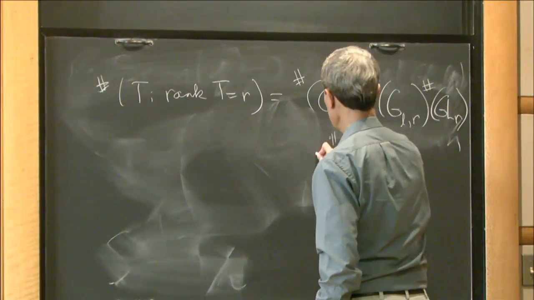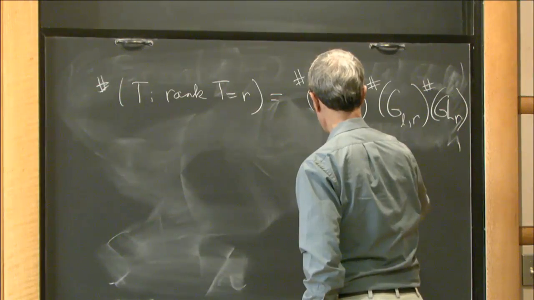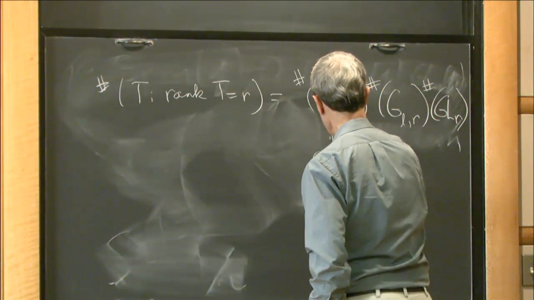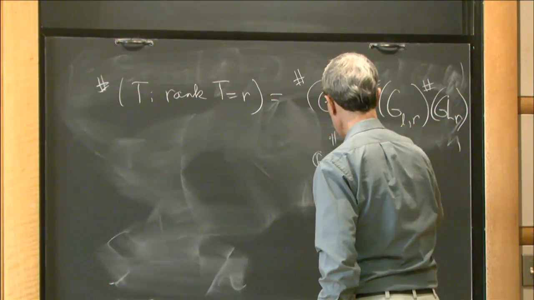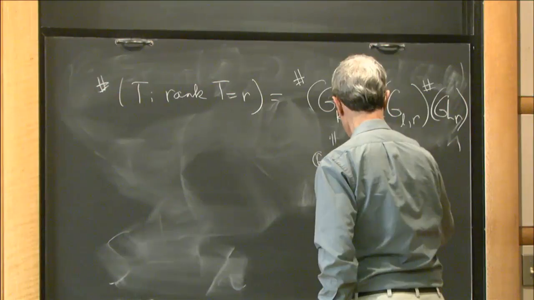This is the Grassmannian variety of R planes in K space.